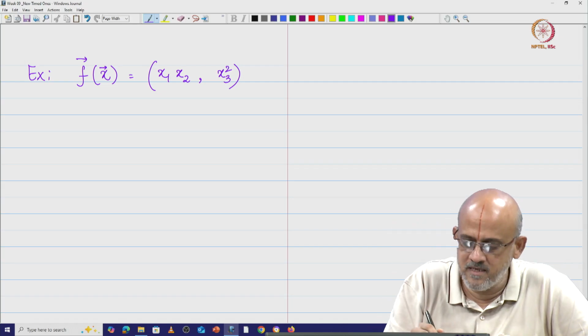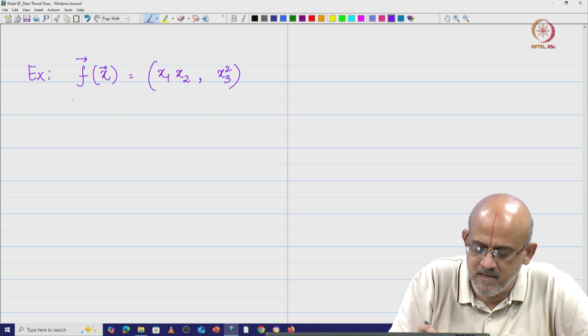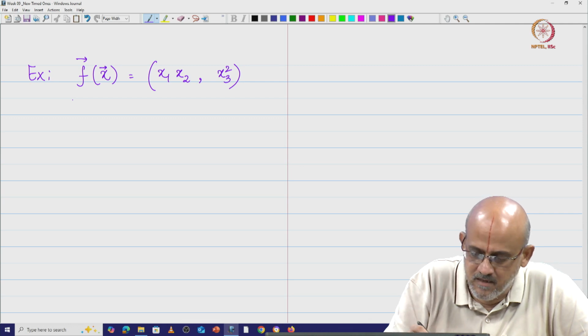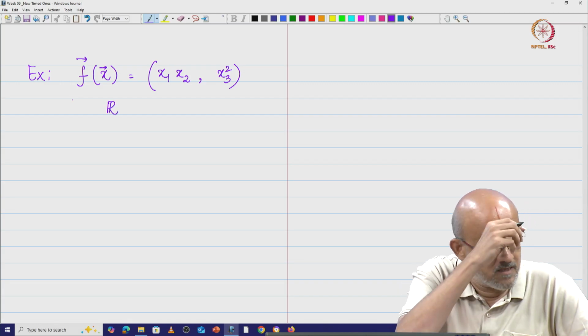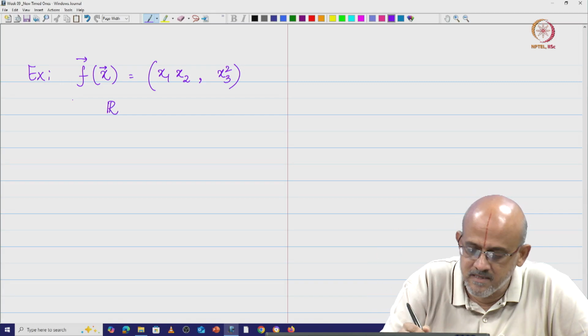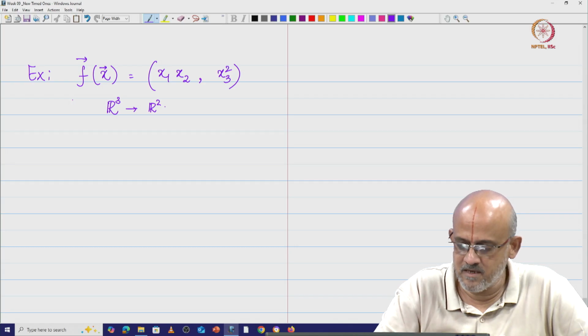So f of x 1 comma x 2 comma x 3 is basically this. What does this map? This maps R 3 to R 2.